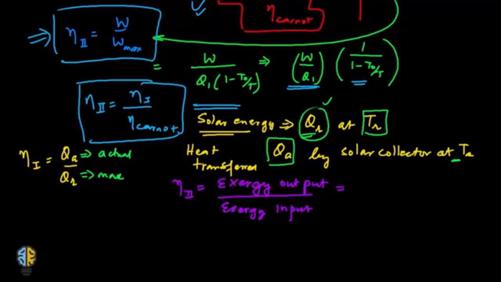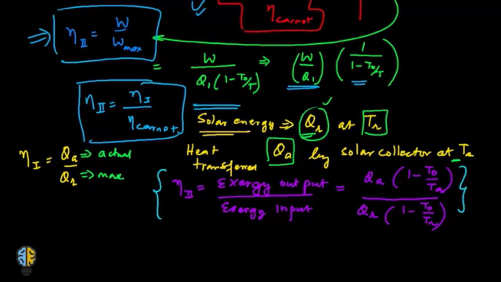This means the available work, or the actual useful work that is done. So it is equal to QA into 1 minus T naught upon TA, upon the Exergy input, which is equal to QR into 1 minus T naught upon TR. This is one expression that should be noted down for eta 1 and eta 2 where we deal with solar energy.